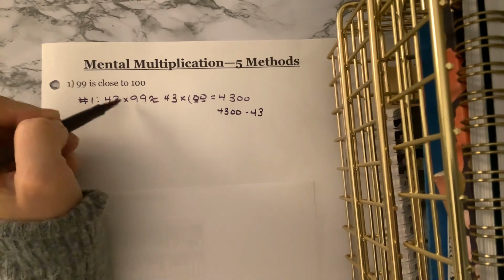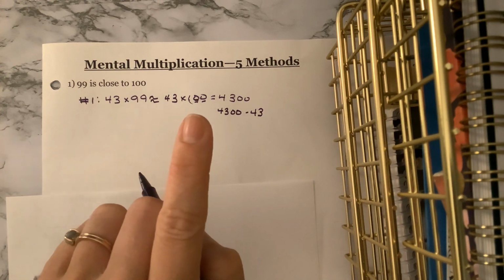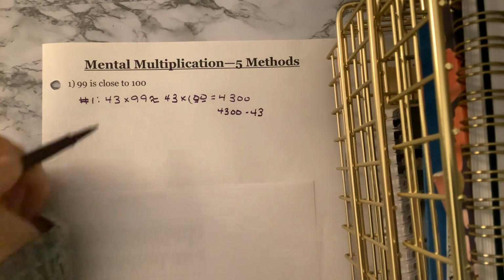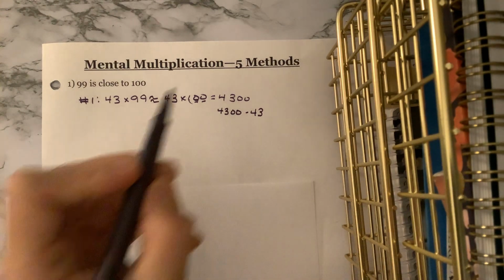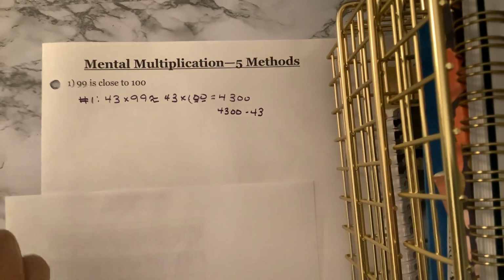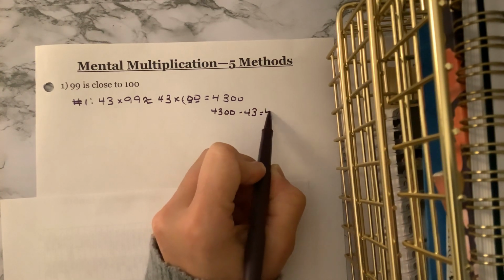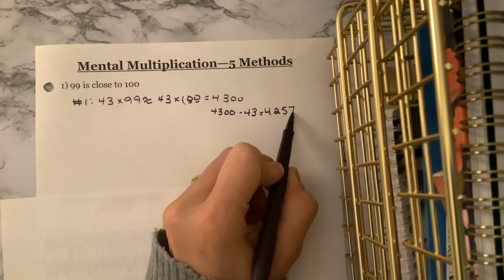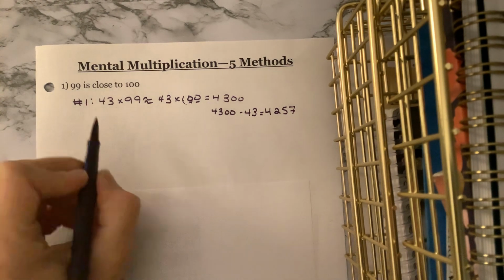So with multiplication, we're not subtracting 1, we're subtracting 1 43, 143, okay? So we do our subtraction, and maybe you can do this mentally, and if not, you can do your subtraction vertically, but hopefully you can do it mentally. We end up with 4,257.